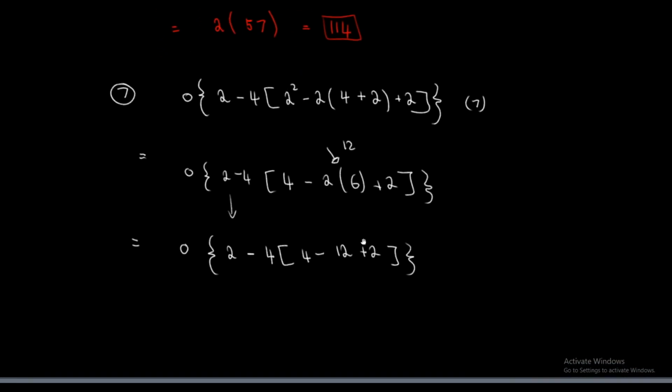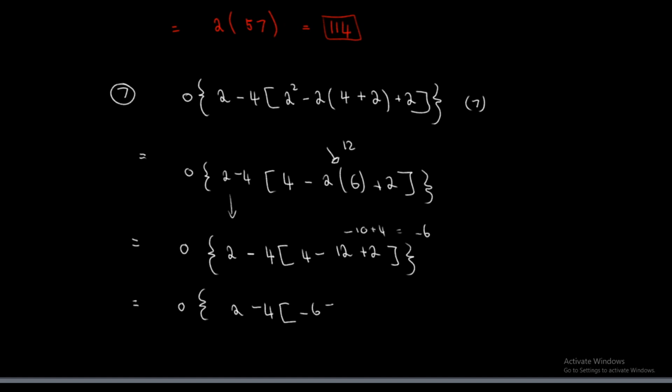Oh, I'm running out of space. So again, 0, squiggly bracket, 2 minus 4. And now I can solve the inside. 2 plus negative 12 gives me negative 10. Negative 10 plus 4 gives me negative 6.